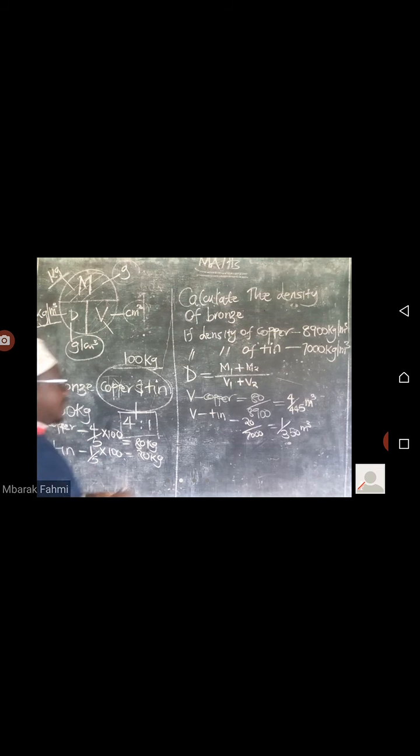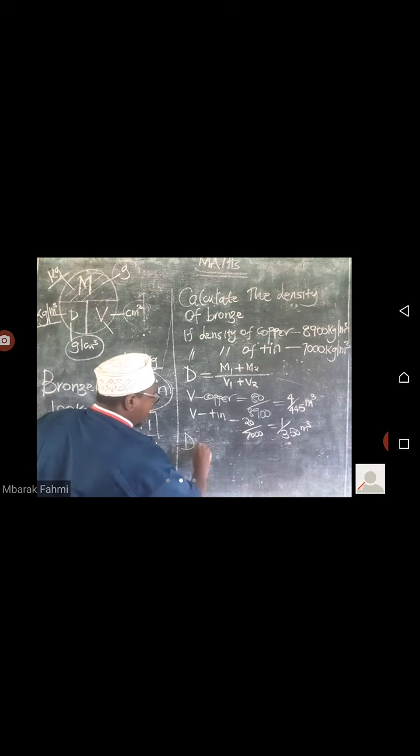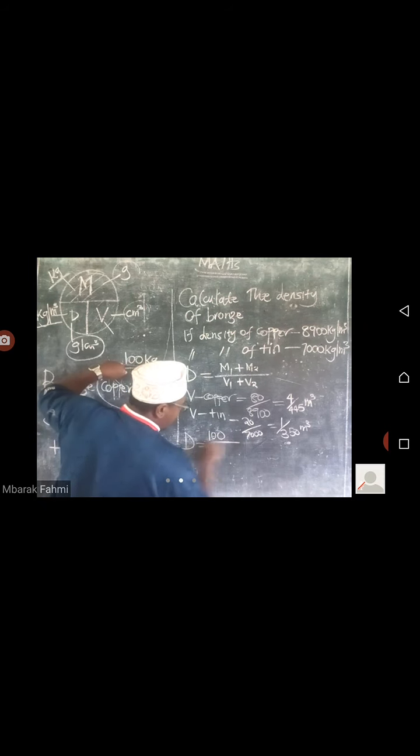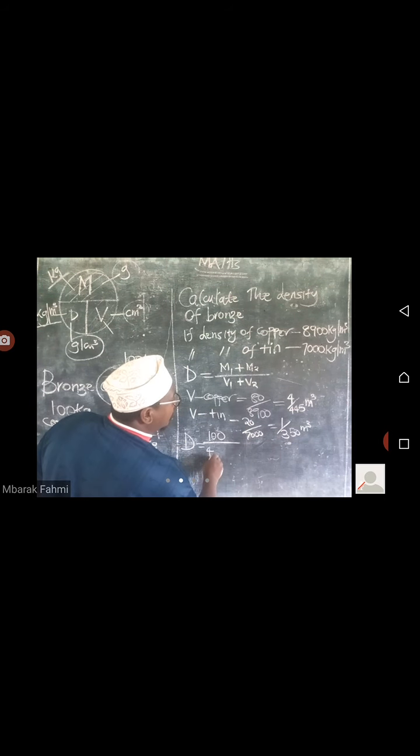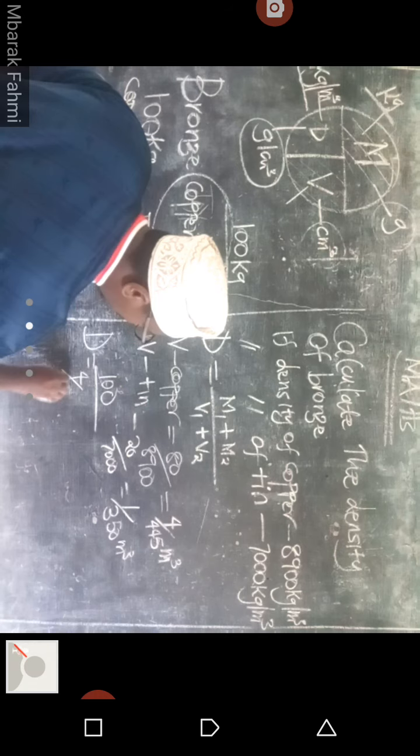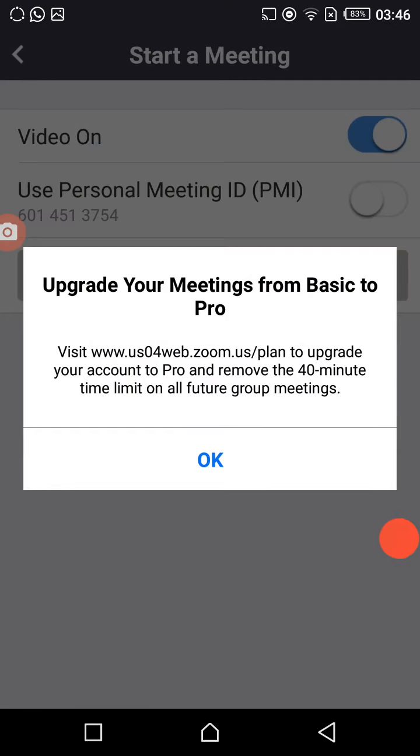For the total density, the mass is 100, divided by volume 1, which is 4 over 445, plus volume 2, 1 over 350.